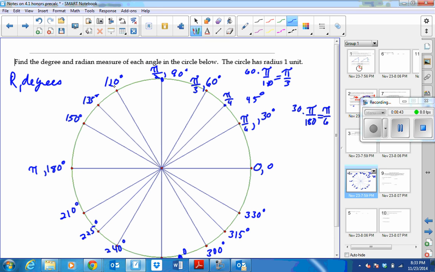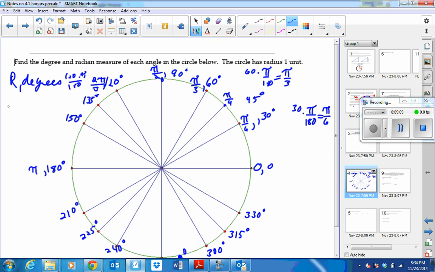Over here we have 120 times pi over 180. And if we simplify 120 over 180, that's going to give us 2 pi over 3.